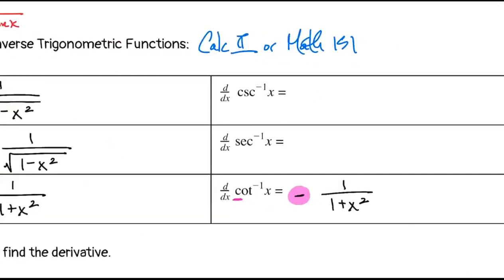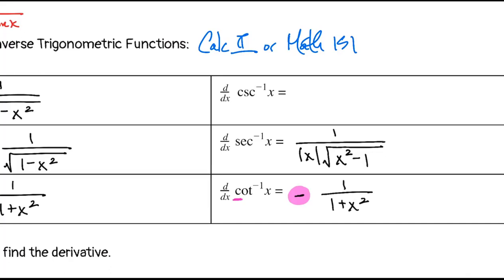All right. And so the derivative of inverse secant is 1 over the absolute value of x times the square root of x squared minus 1. Okay, kind of a grosser looking formula. We don't see this one as much, but it does once in a while show up.